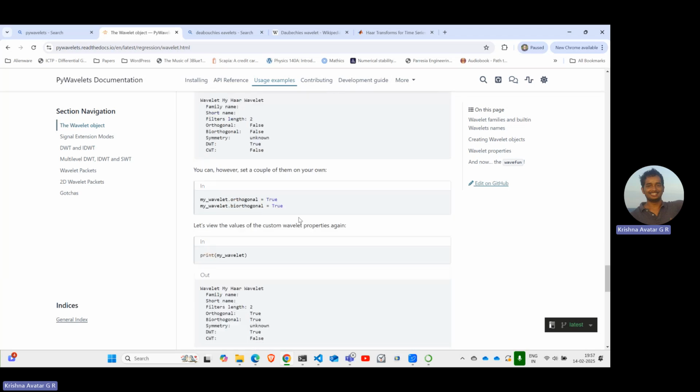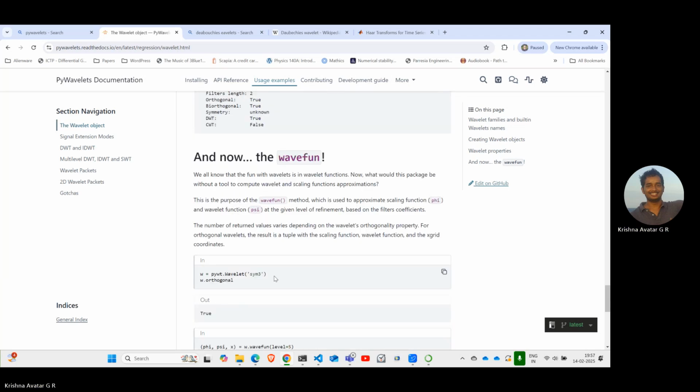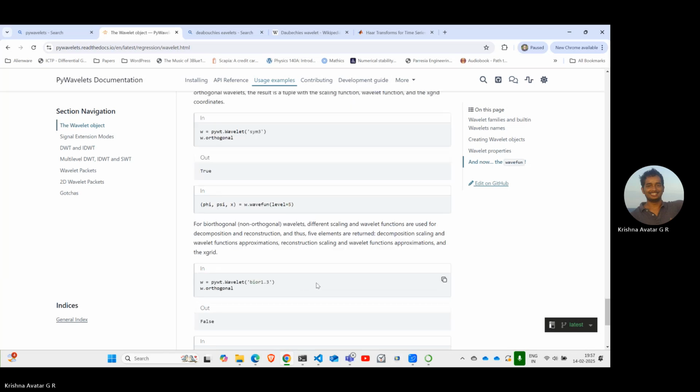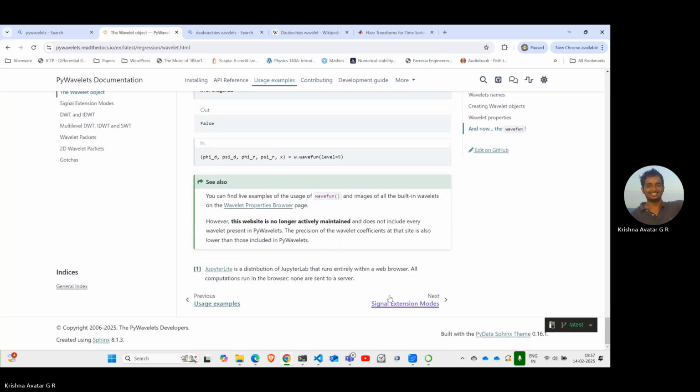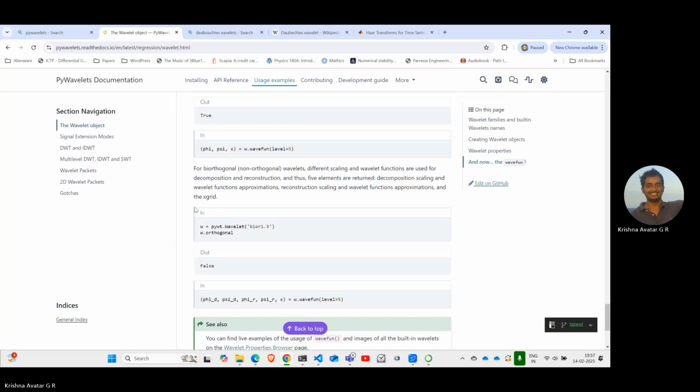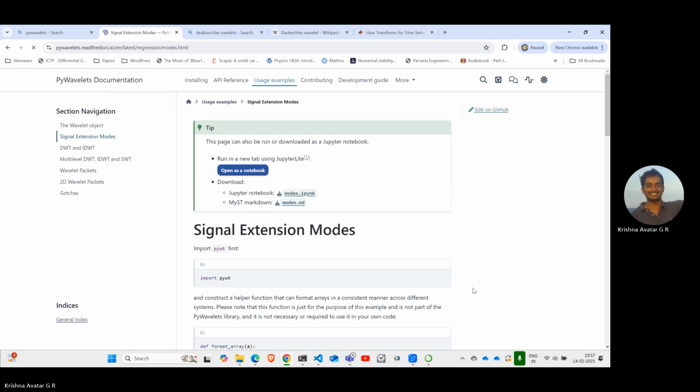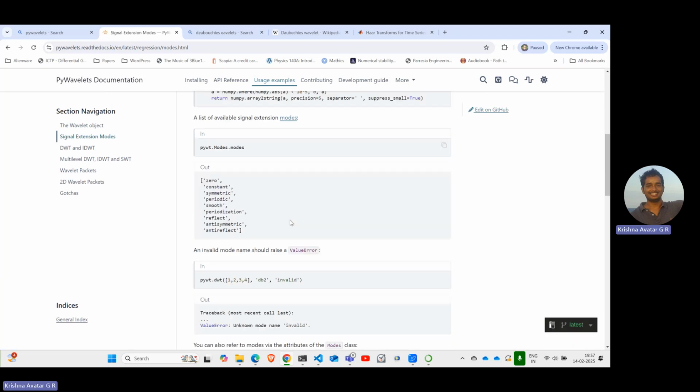We can also create custom wavelets. Right? You can have all this.